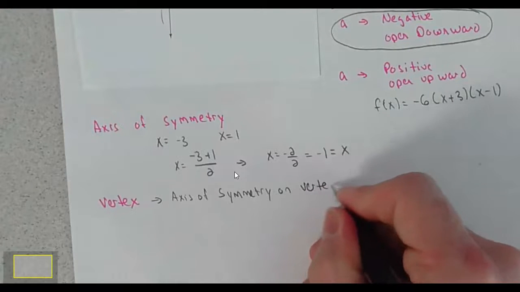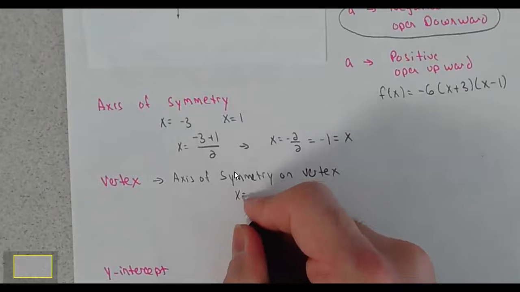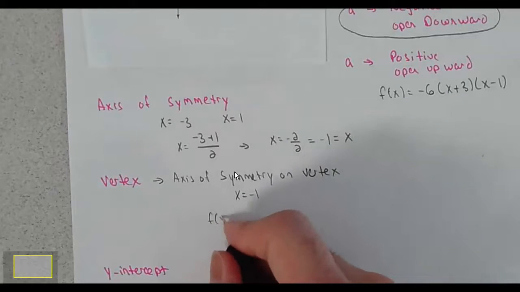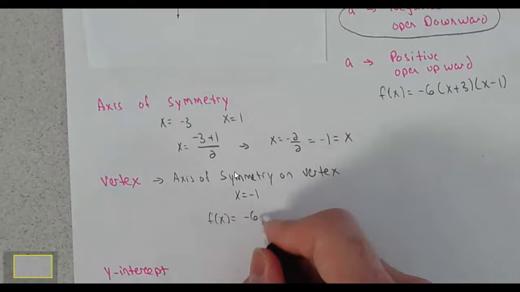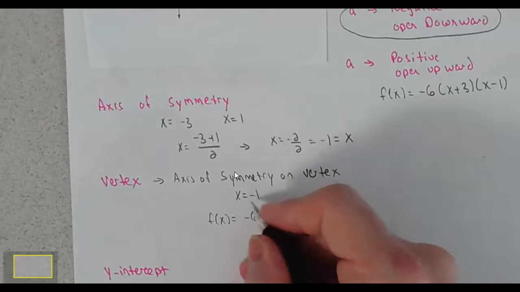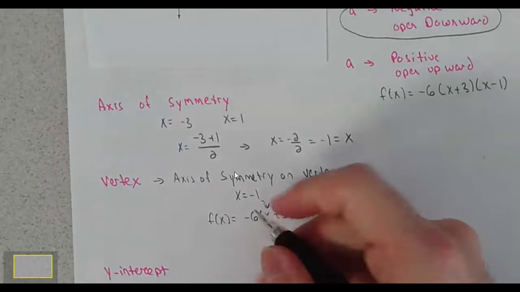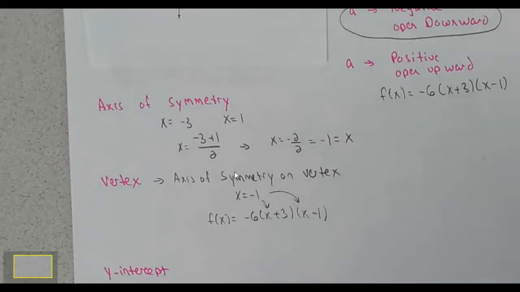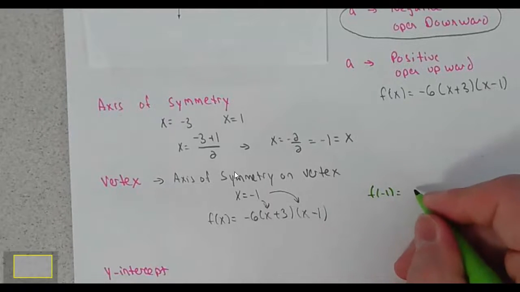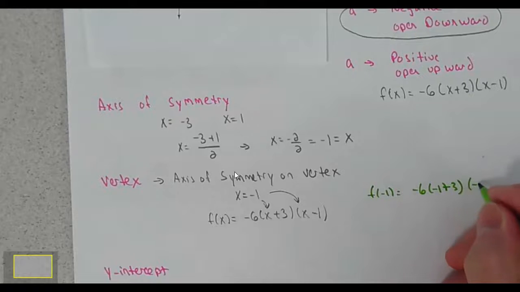Okay. So, in this case, I'm going to plug x equals -1 into my equation. f of x equals -6 times x plus 3, x minus 1. I'm going to plug -1 in place of x so that I can find what my vertex is. So I'm going to do f of -1. So -6 times -1 plus 3, -1 minus 1.